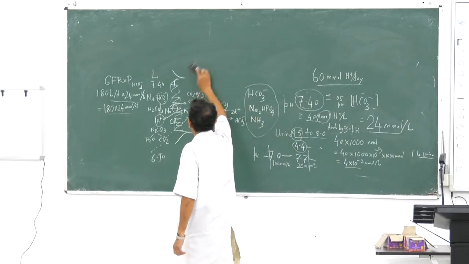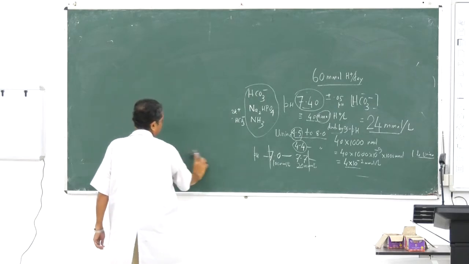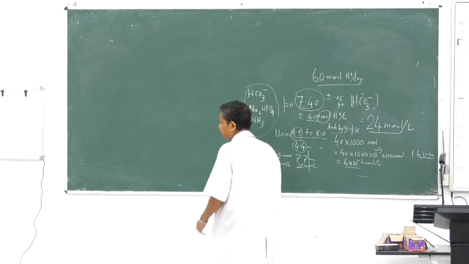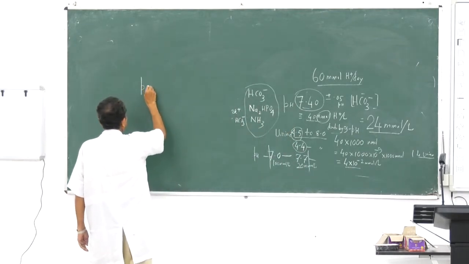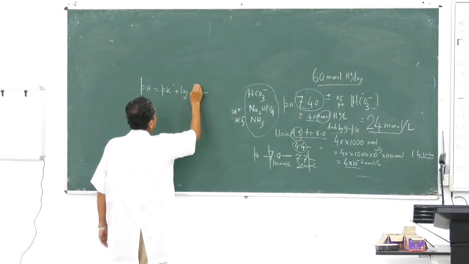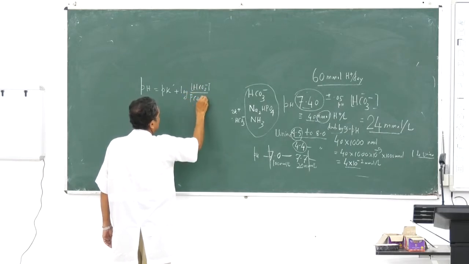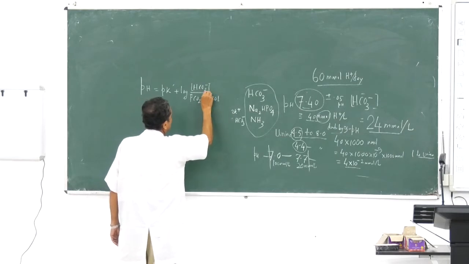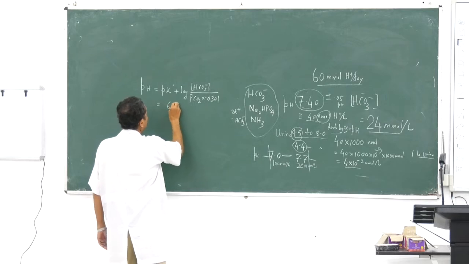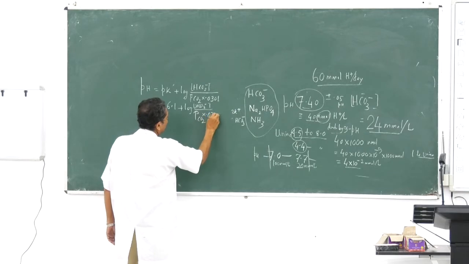In bicarbonate, when we are considering this bicarbonate buffer, you all remember the Henderson-Hasselbalch formula of bicarbonate buffer. pH equals 6.1 plus log of bicarbonate over the partial pressure of carbon dioxide in the arterial plasma multiplied by 0.03.